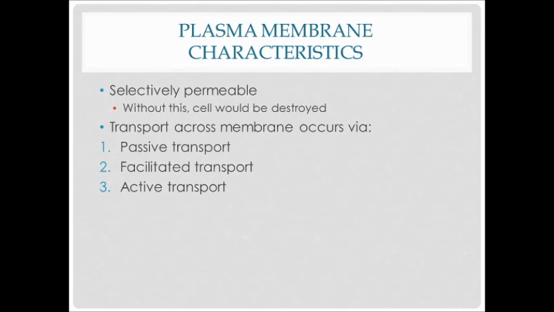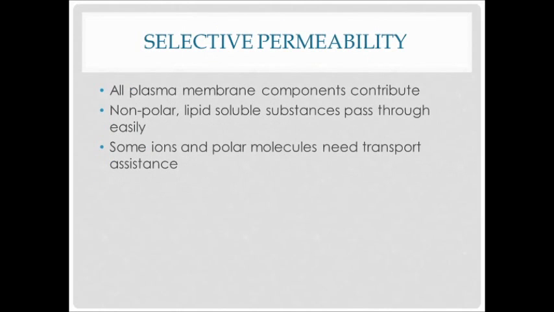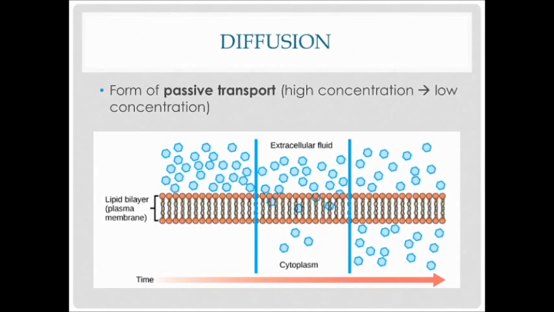Passive and facilitated transport do not require any energy to be used, but active does. So all of the components of the plasma membrane are going to contribute to this selective permeability. Non-polar lipid soluble substances are allowed to pass through, and some will need transport assistance. So we'll talk about that transport assistance.